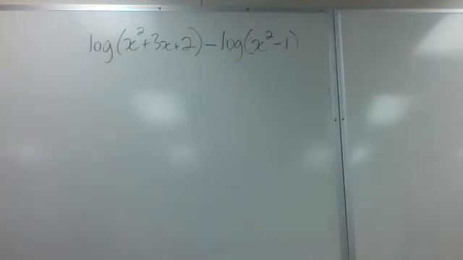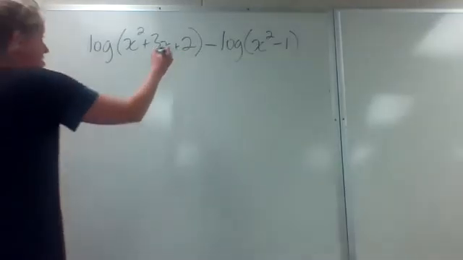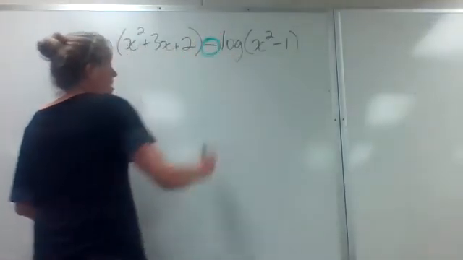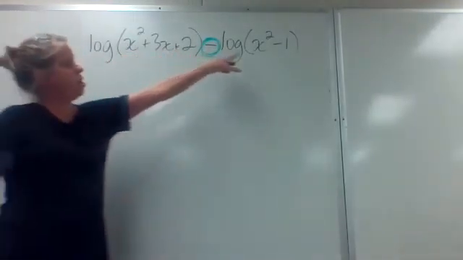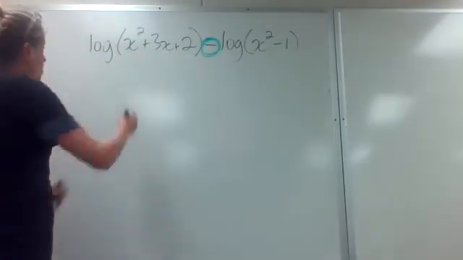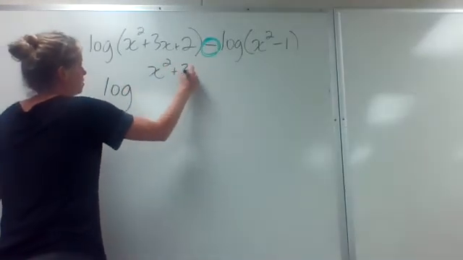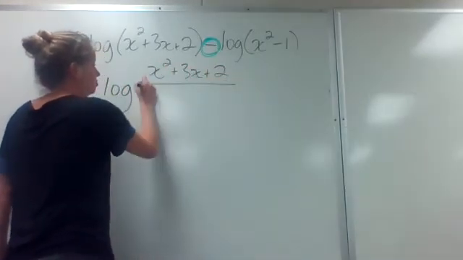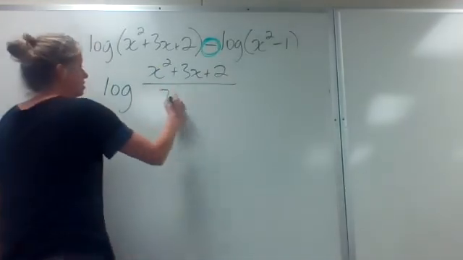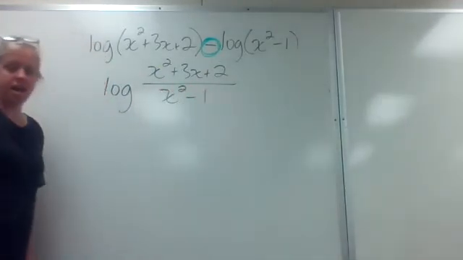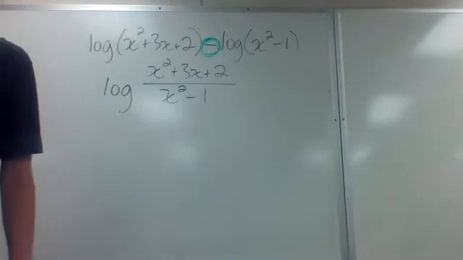And again, express as a single log and then simplify. So since it's minus, I'm turning it to this one over this one again. So log of x squared plus 3x plus 2 over x squared minus 1.